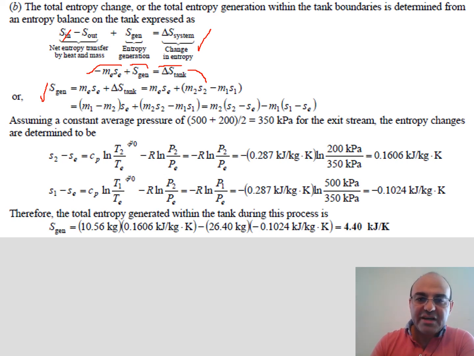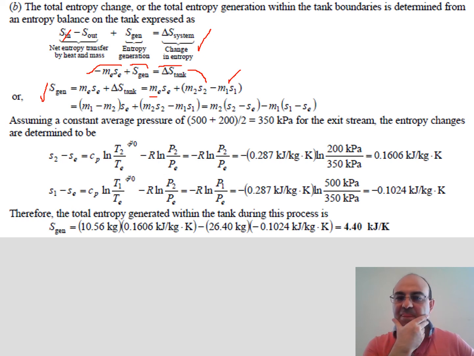All of these terms have been found before in the previous slide. We did not find the entropies. Instead, what we have found already is Me and M2 and M1.